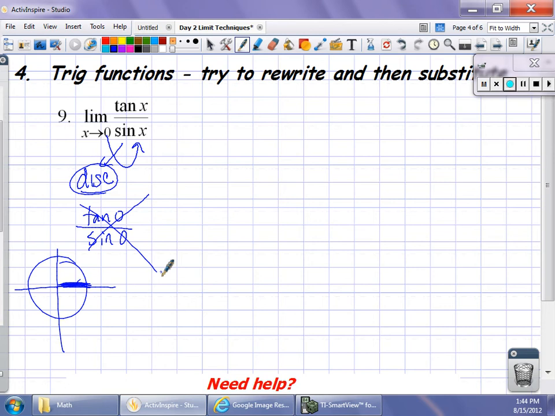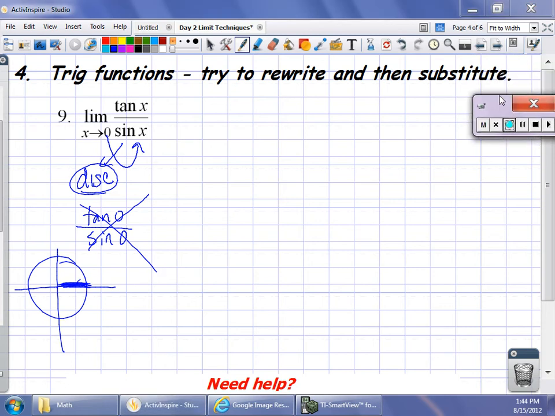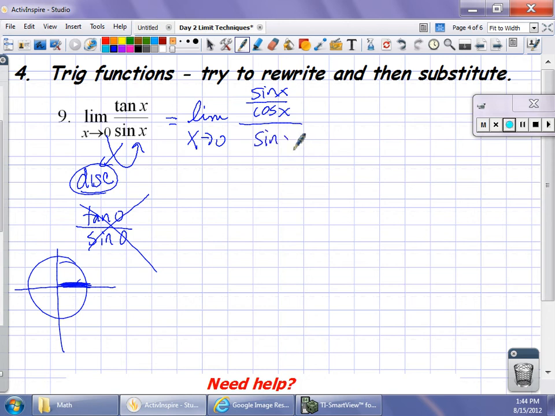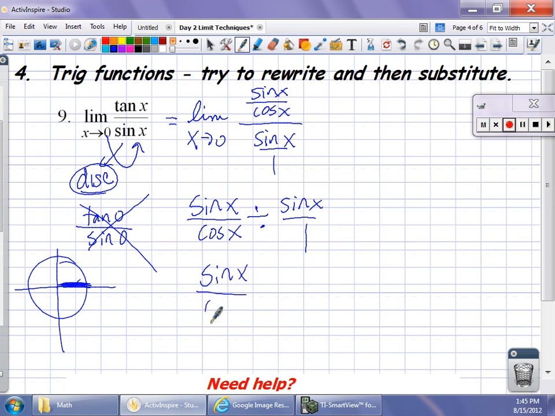So I have to think about my trig substitutions. I know that tangent can be rewritten as sine of x over cosine of x. This is my replacement for tangent. Now I have a fraction divided by a fraction, so basically I have sine x over cosine x divided by sine x over 1, which is the same thing as sine x divided by cosine x multiplied by the reciprocal, 1 over sine x, and look what happens.